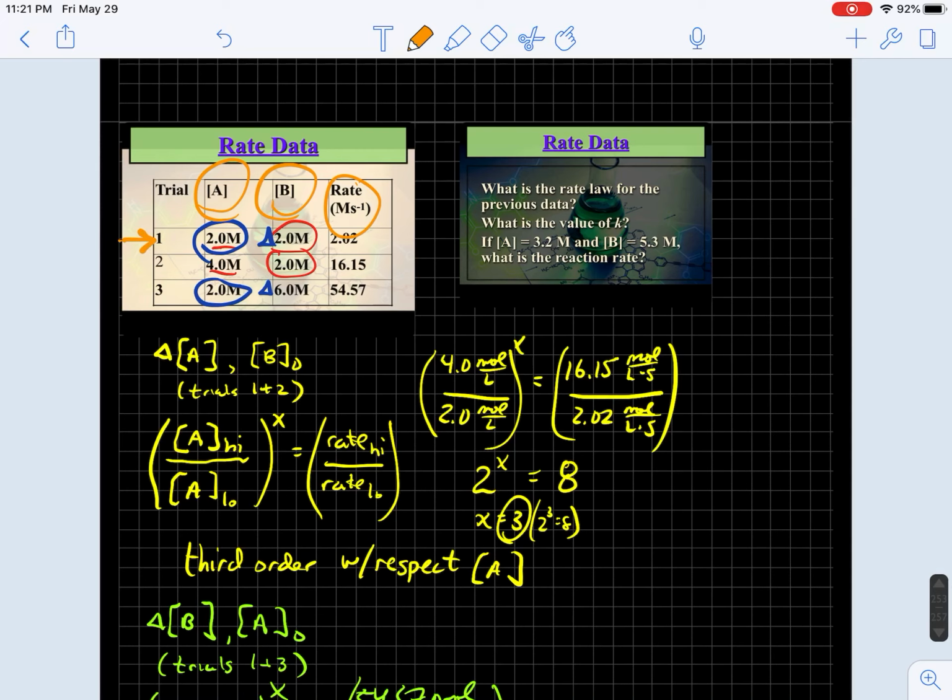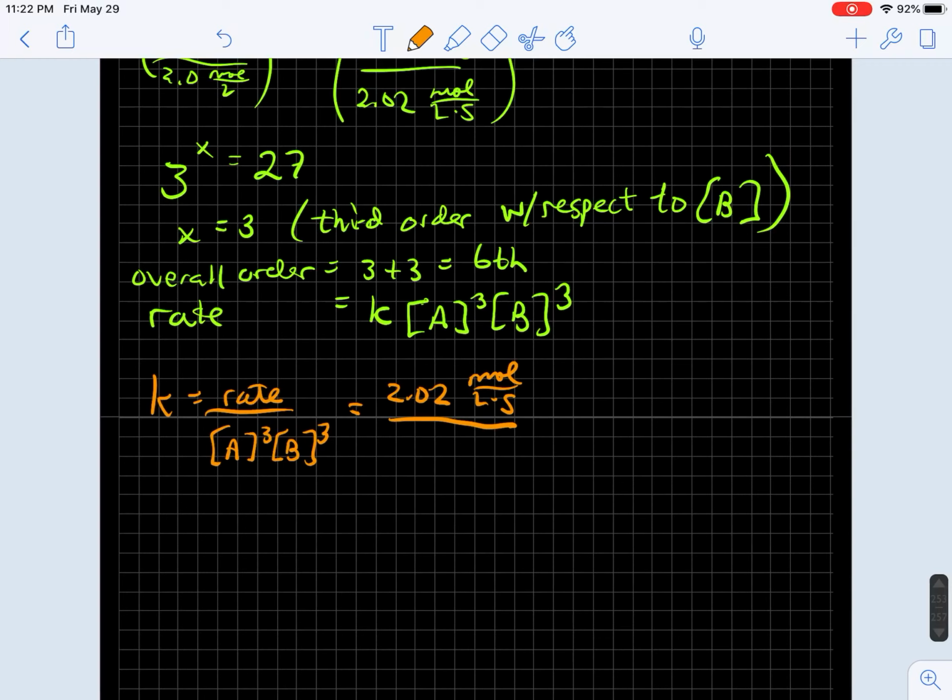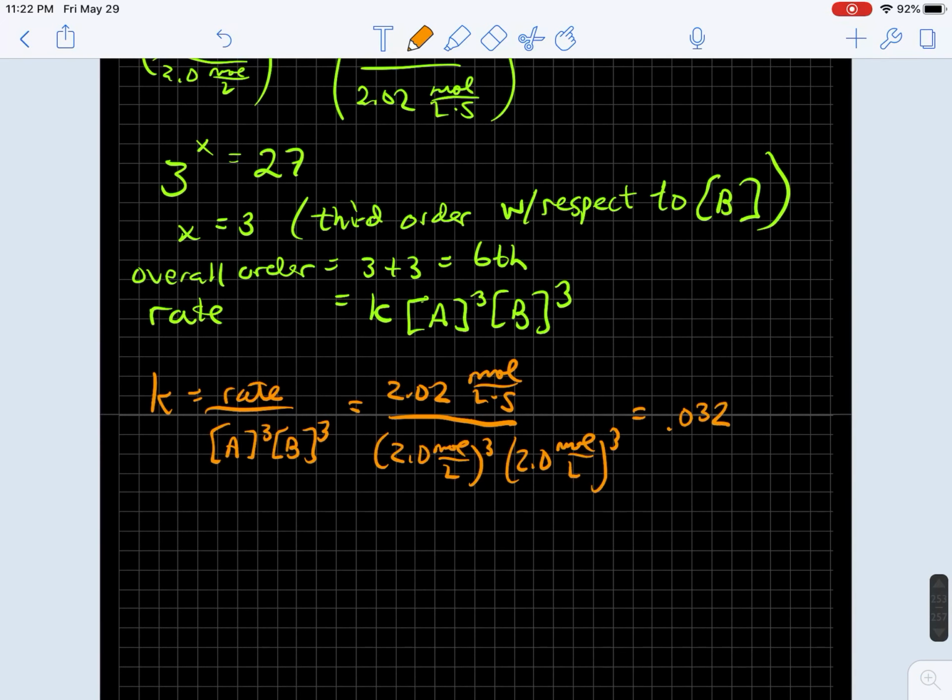So I'm going to substitute that in. 2.02 moles per liter seconds over 2.0 moles per liter cubed for A, 2.0 moles per liter cubed for B. And this comes out to 2.02 divided by 2 cubed times 2 cubed, which is 64, and we get 0.032.